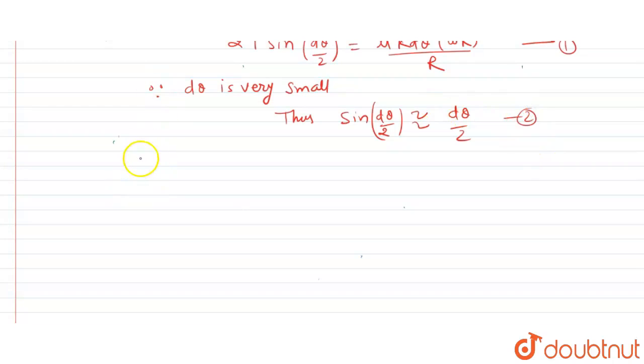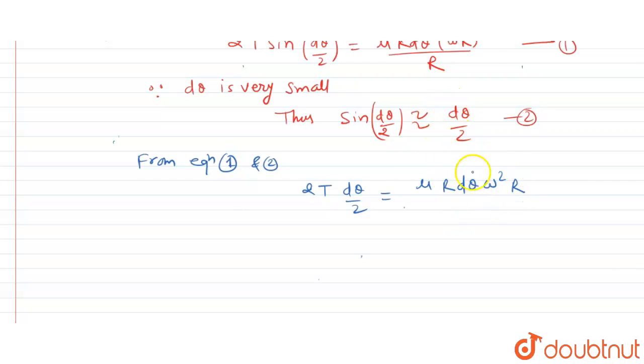Now from equations first and second, when we put the corresponding values, on the left side we have d theta by 2, and on the right hand side I have r d theta. This r will get cancelled out, I will have only omega square r, and d theta will also get cancelled out. The 2 will also get cancelled out. So I have the tension as T equals mu r square omega square.